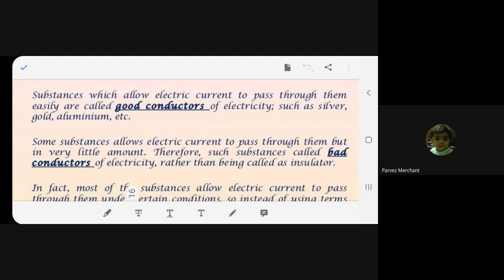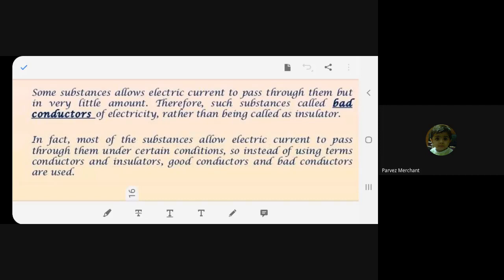Because generally all the substances, rather most of the substances, allow electricity to pass through in maximum or in minimum. So we will not call them conductors and insulators. Instead, we will call them good conductors and bad or poor conductors.